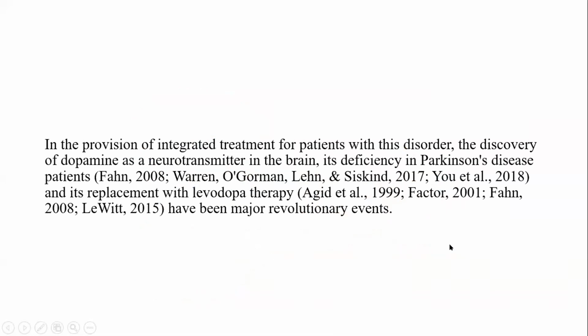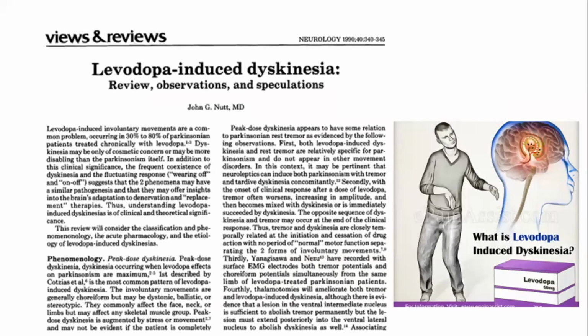In the provision of integrated treatment for patients with this disorder, the discovery of dopamine as a neurotransmitter in the brain and its deficiency in PD, and levodopa as a therapy, has been the major revolutionary event. But the main problem of levodopa is that it causes what we call dyskinesia. It is reported that overuse, chronic use, or high dose of levodopa will definitely cause dyskinesia.